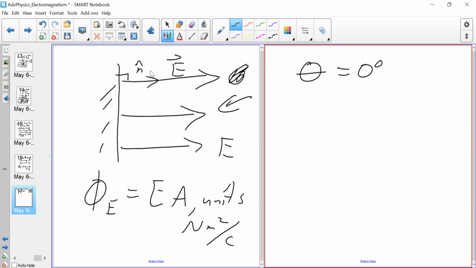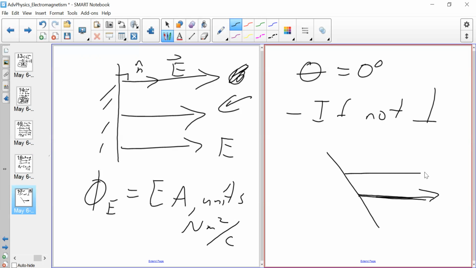So let's say that the sheet of paper was not perpendicular. It's like this, and the electric field line is still flowing through, like so. Field lines here. Then the normal pointer would obviously always be perpendicular to the plane of the paper, something like this.